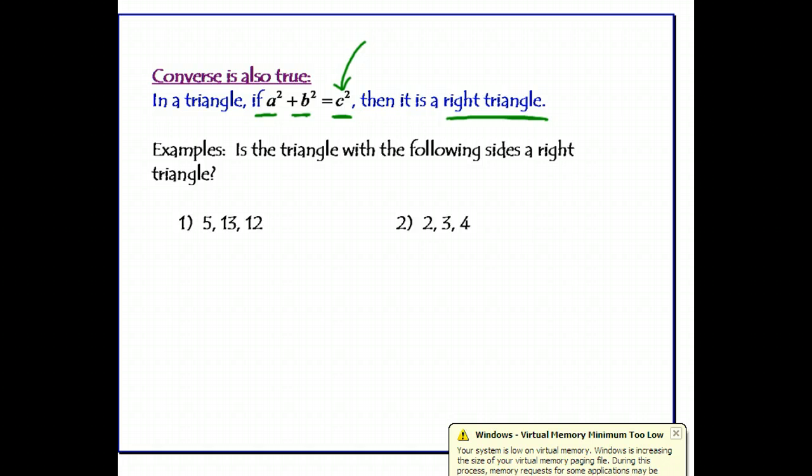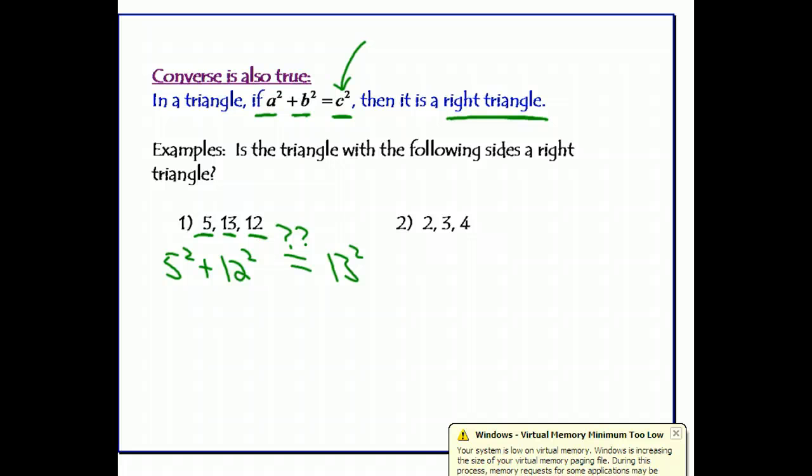So let's try this a couple times. Here are the measurements of sides of a triangle. One side is 5, one is 13, one is 12. Let's pick off the two shorter sides. Let's go with 5 squared plus 12 squared. Is that going to equal 13 squared is the question. If it does, we know that's a right triangle.